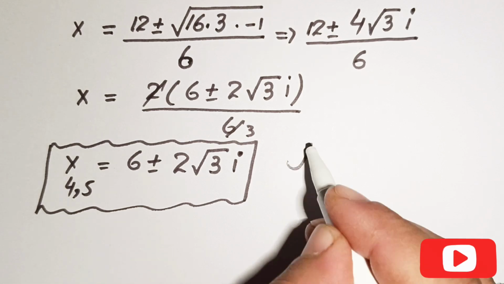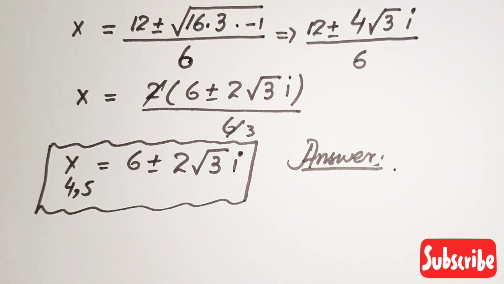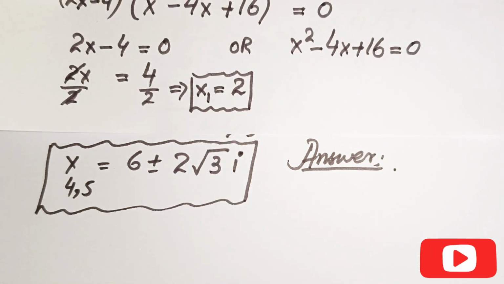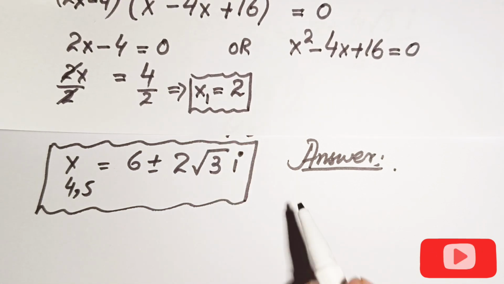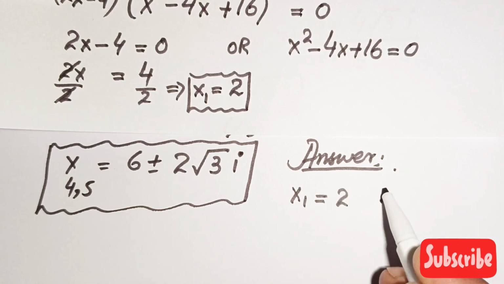Now we just write here our answer, that is, here we have our value of x1, which is 2, so x1 is equal to 2. It is our first value, which is the real solution.